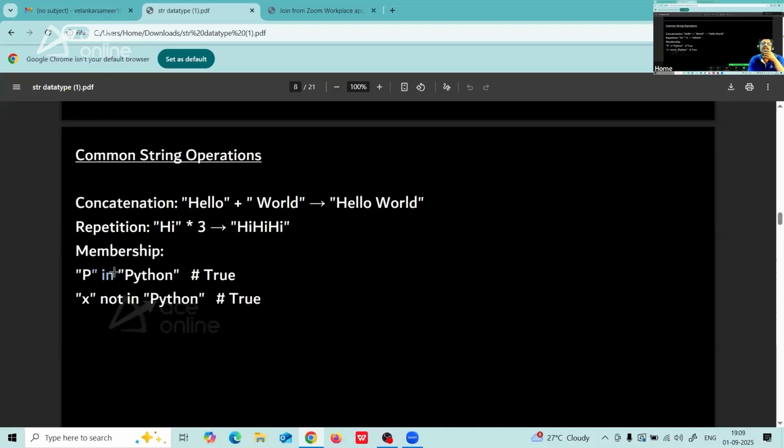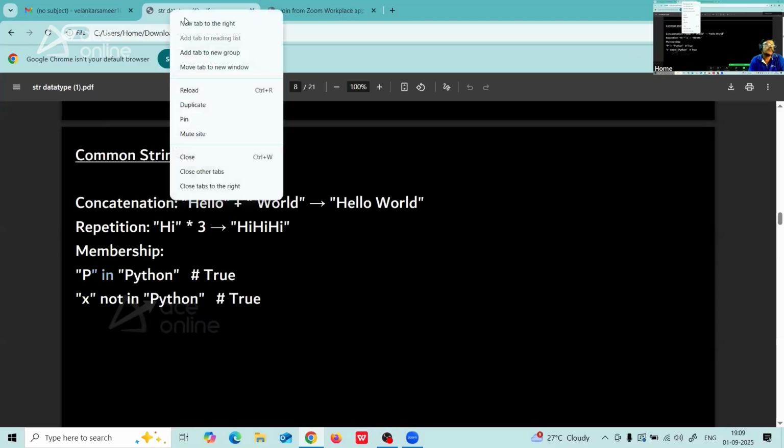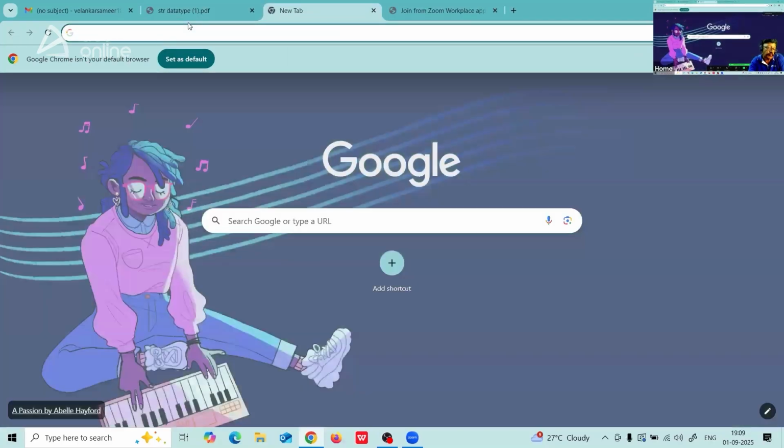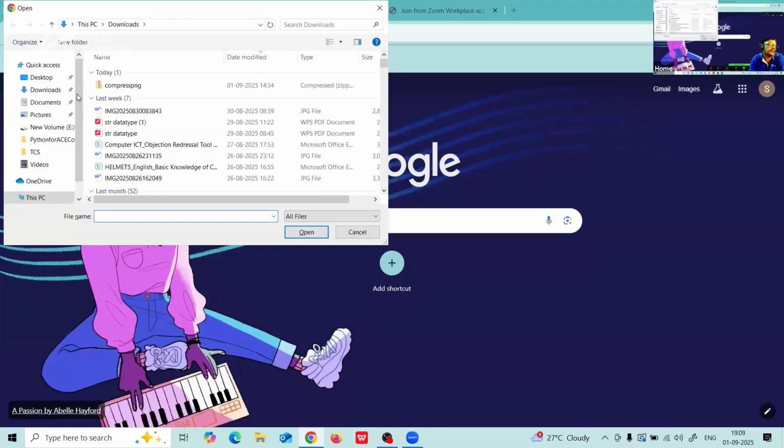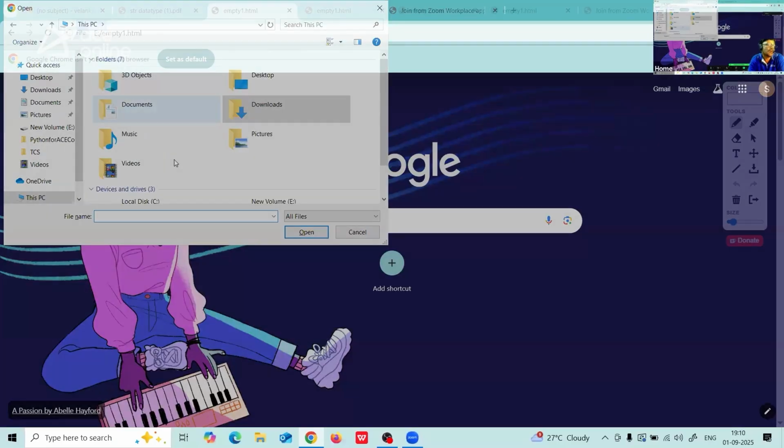Now let's see slicing. Today's topic we will learn is what do you mean by slicing of strings. So I'll open up a new page. So we are learning string slicing.